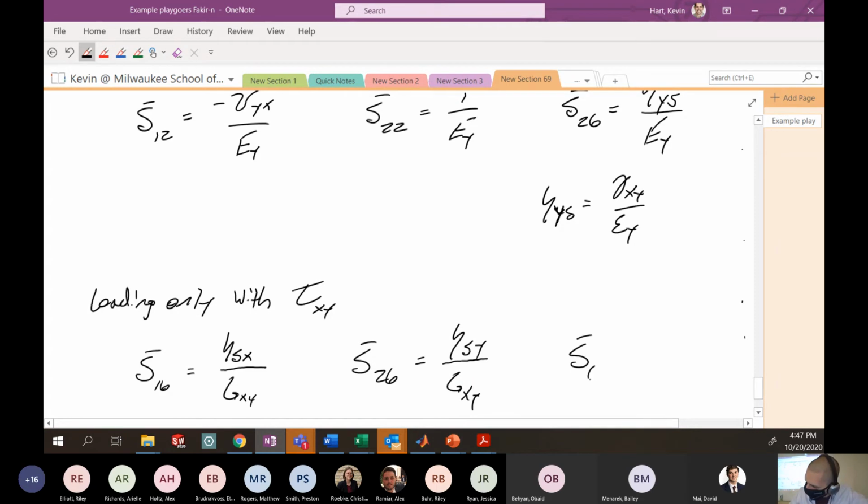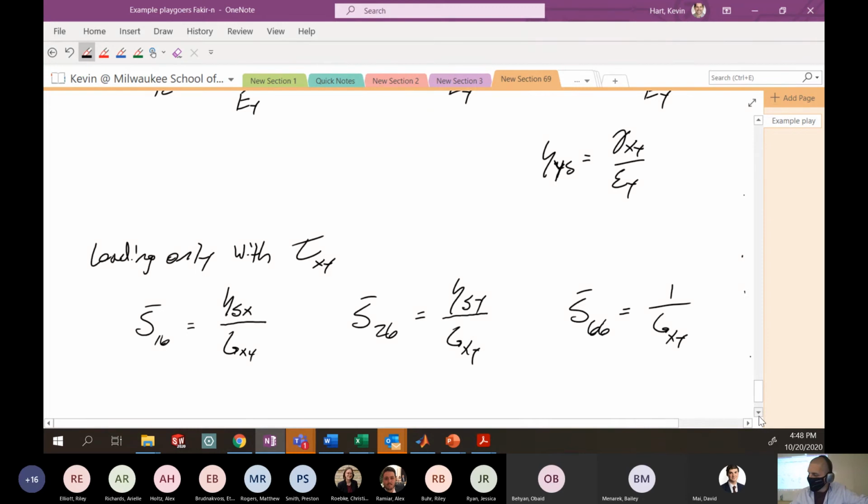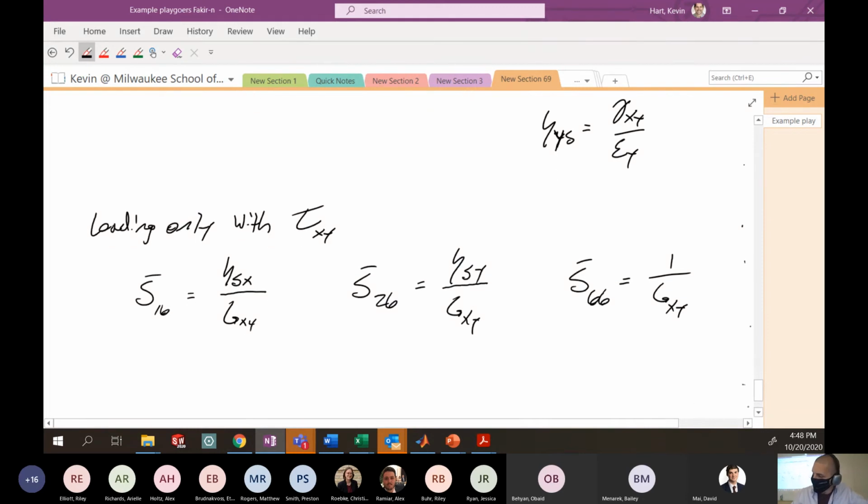And you'll have S bar 6, 6, which is 1 on gxy. Or here, eta sx is epsilon x over gamma xy. I think that's right. Yeah. And eta sy is epsilon y over gamma xy.